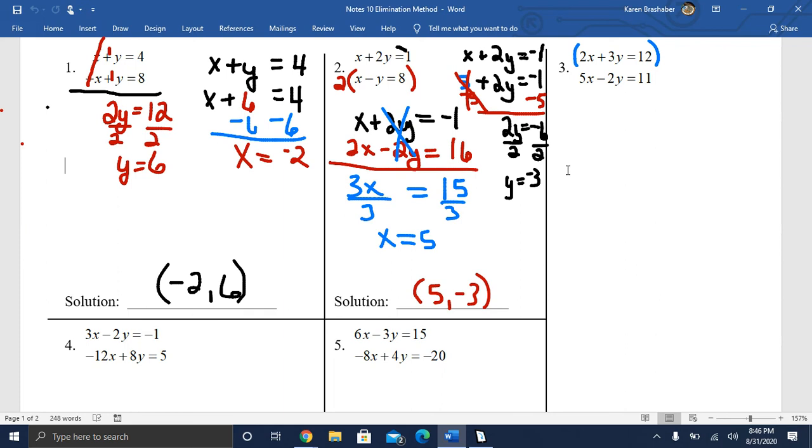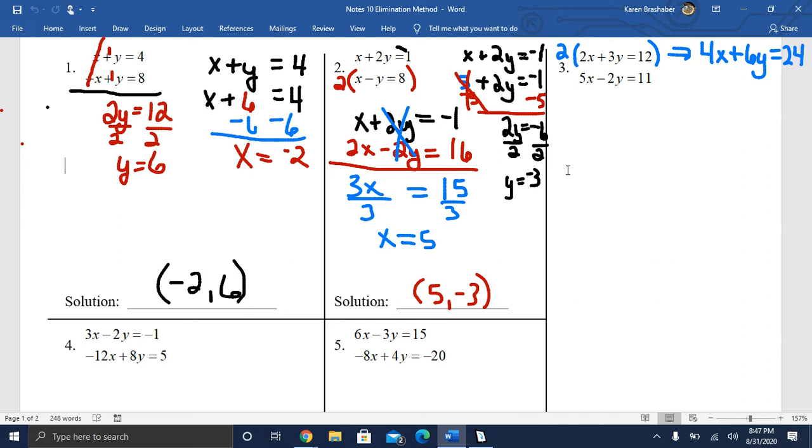So I'm going to multiply the top equation by 2, which will let me then get a +6y. So multiplying by 2, I'm going to write my answer over here. I'll have 4x plus 6y equals 24.